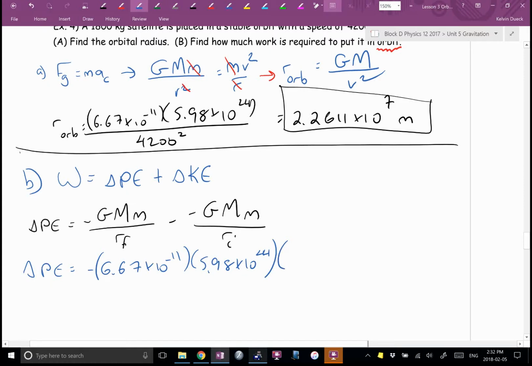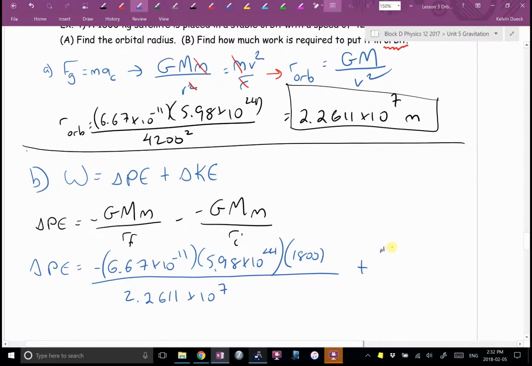What was the mass of the satellite? 1,800? And our final is 2.2611 times 10 to the 7th. Once again, I have a minus minus, which is a plus. Ditto mark times ditto mark times ditto mark divided by our initial radius, which must be the surface of the Earth in this case.